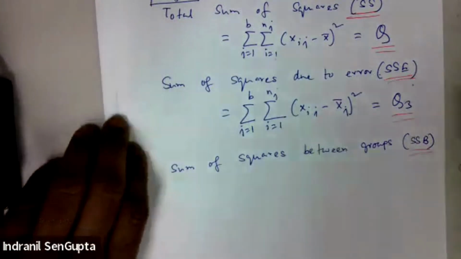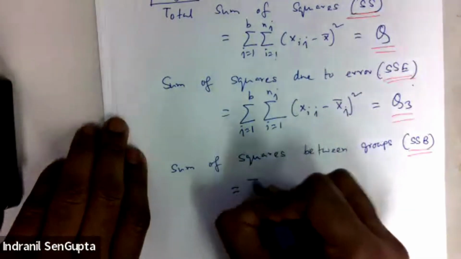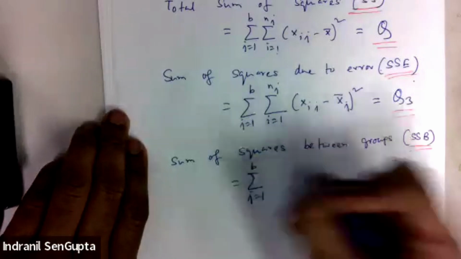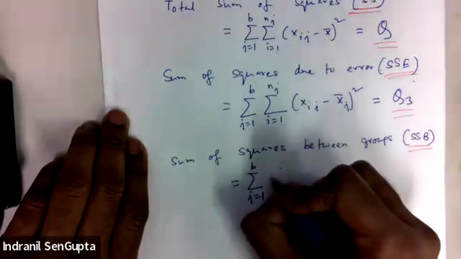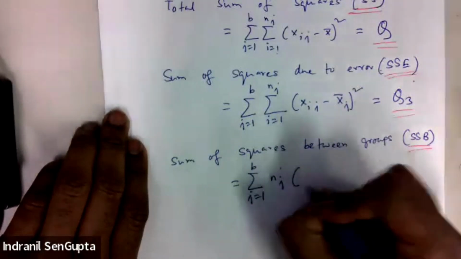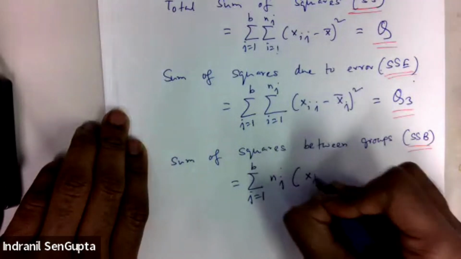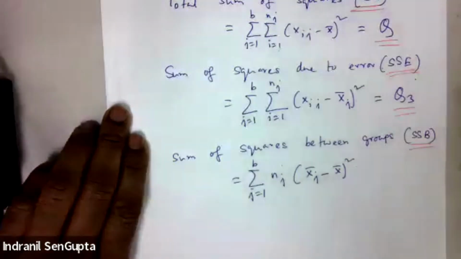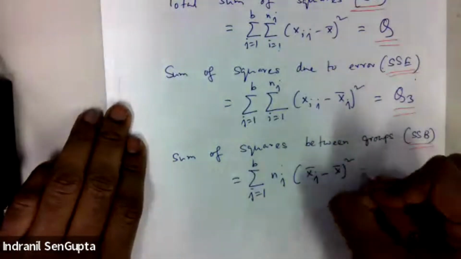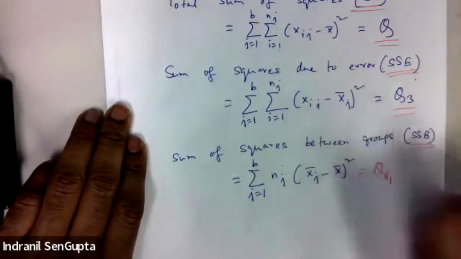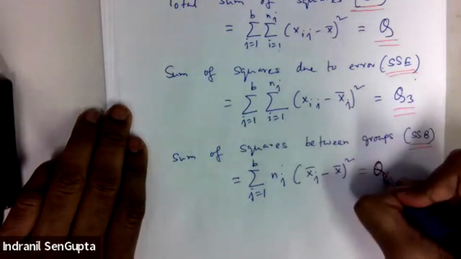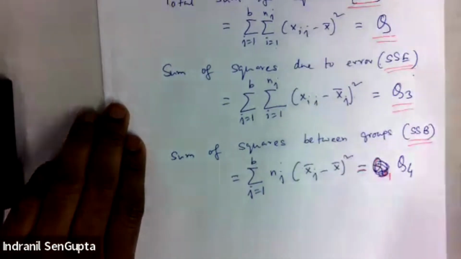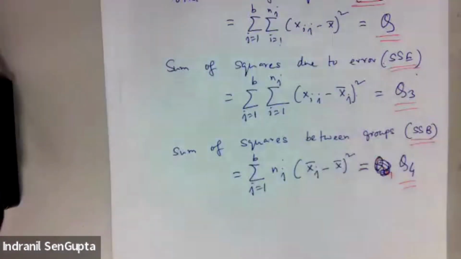So that is captured by this one, and that is given by this number: j from 1 to b, n sub j, xj bar minus x bar squared. And we call it Q4. So SSB or Q4.